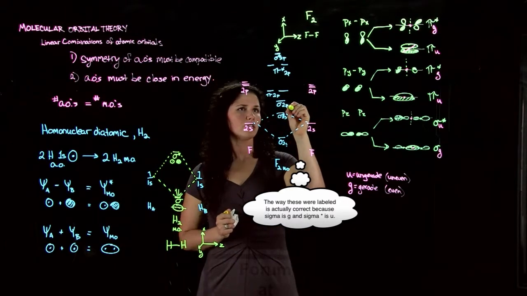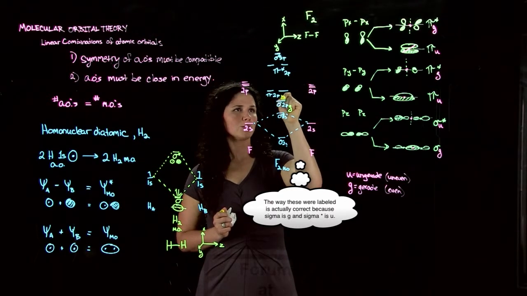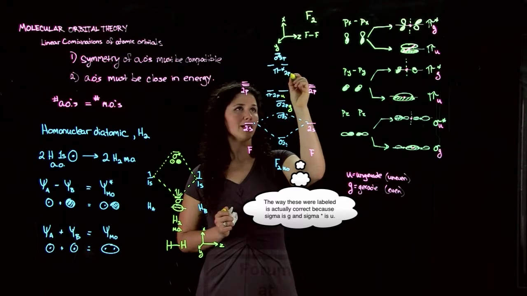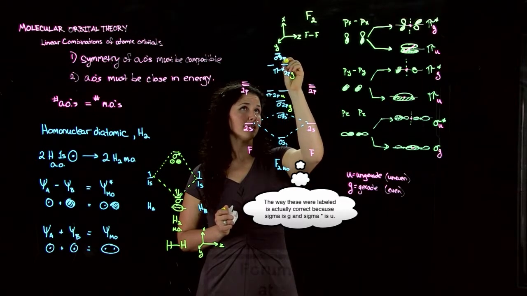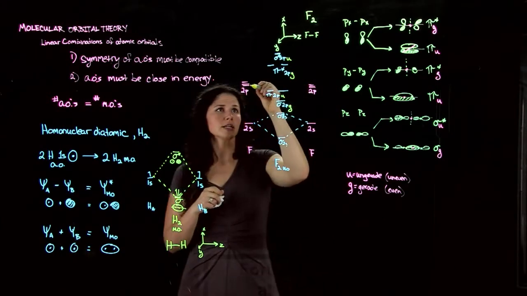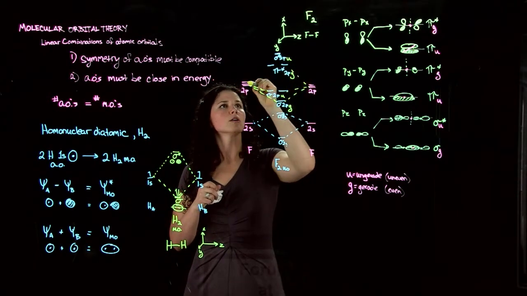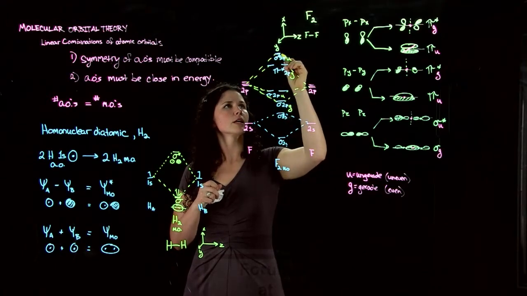So bonding sigma is G, bonding pi is U, antibonding pi is G, and antibonding sigma is a U. So then we should draw these dotted lines to show that the atomic orbitals are contributing to these molecular orbitals.